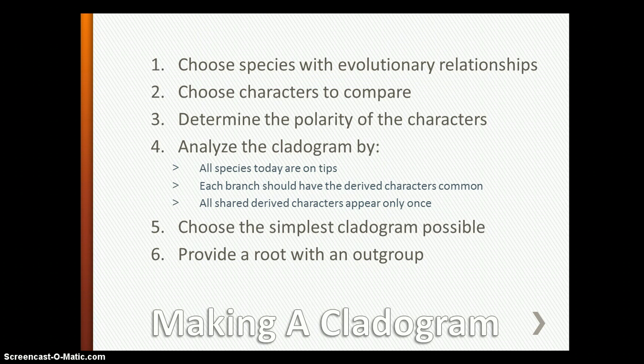So to make a cladogram, first you would choose a species with evolutionary relationships. So basically what that means is, in a simple cladogram, such as I've described so far, individual species are just compared to each other.